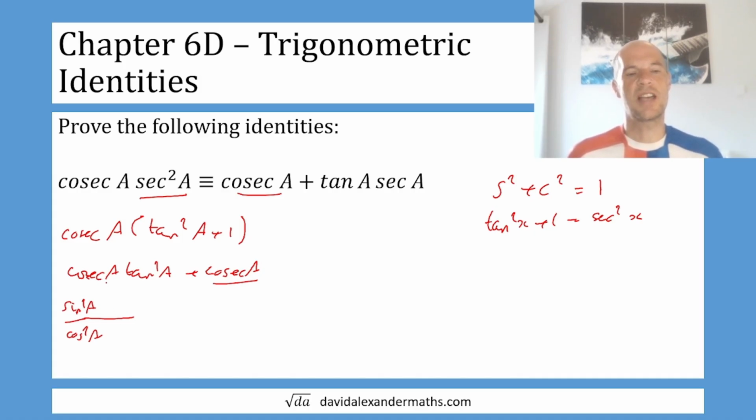Well, cosec as a numerator is sine A as a denominator. So what have I got here? I'll just write in the cosec A part as well.